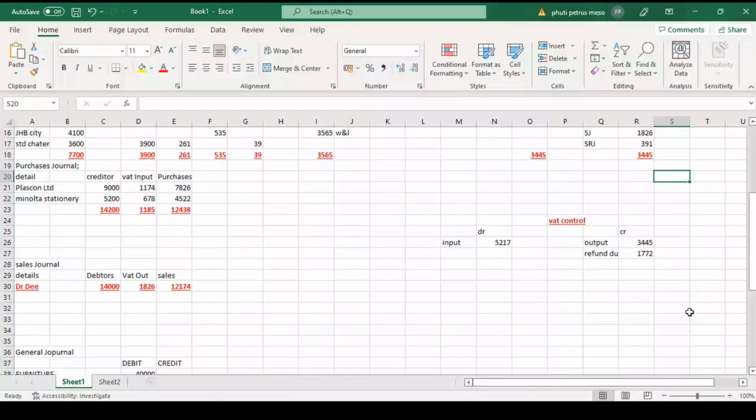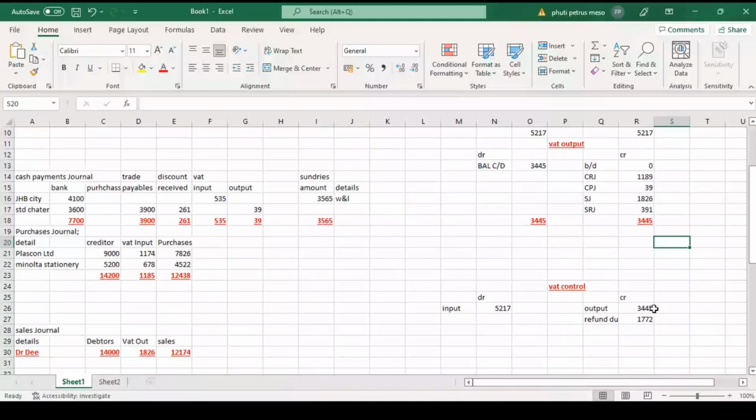Right, and it means that your total amount will be 5217. Same applies here, 5217. This is our total. So let's do this. Highlight, underline, done. Right. Any questions?